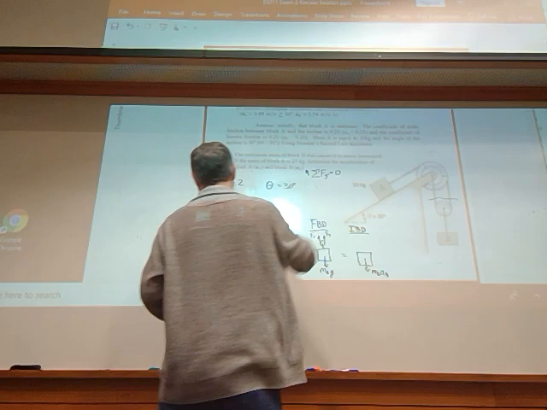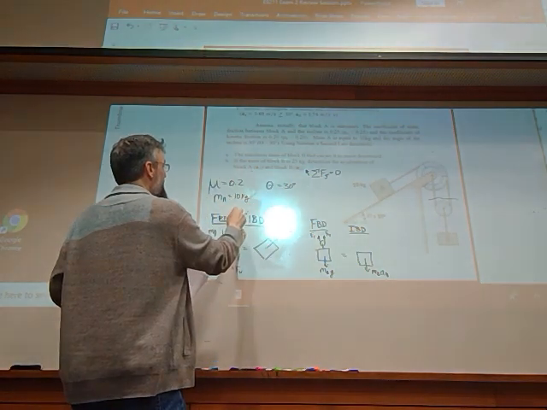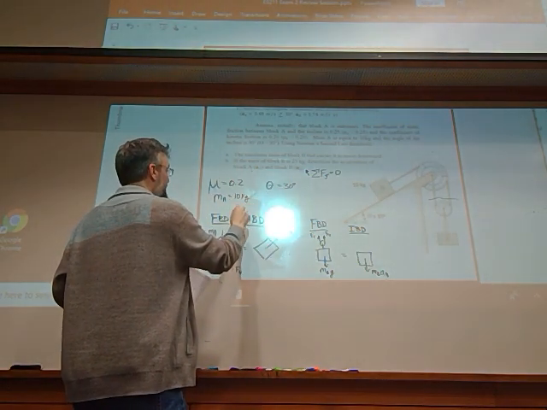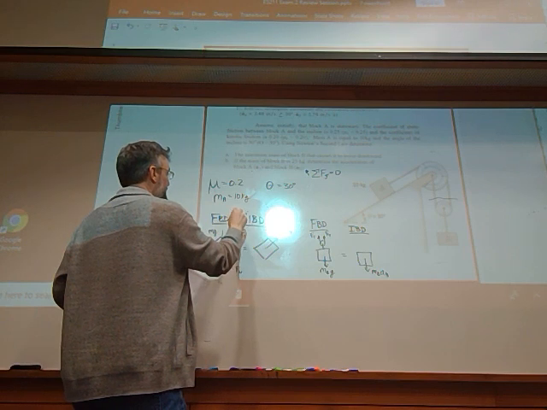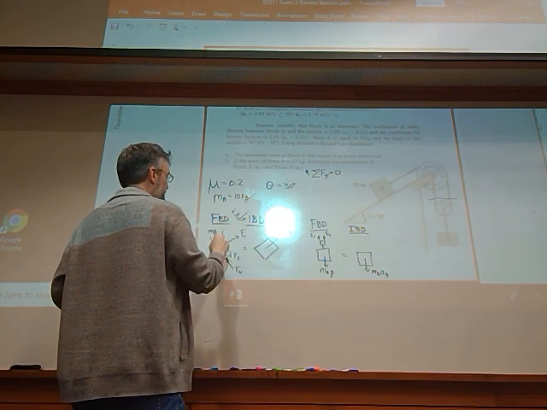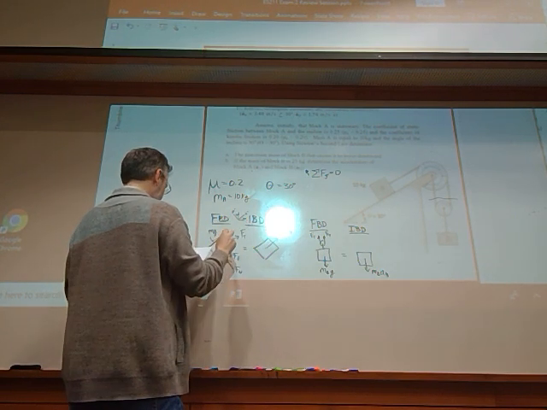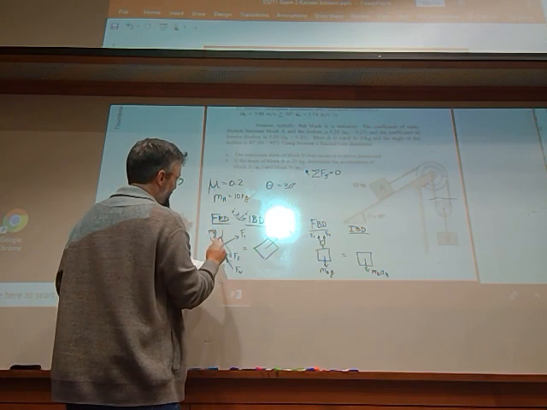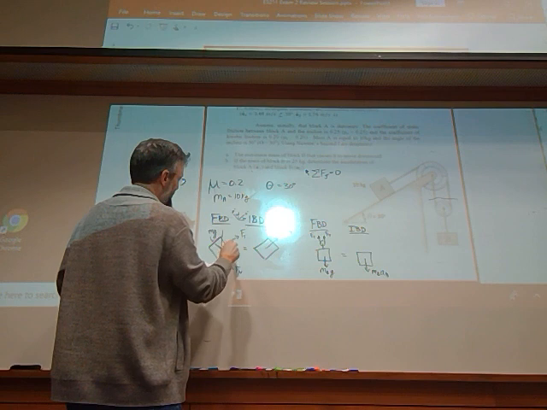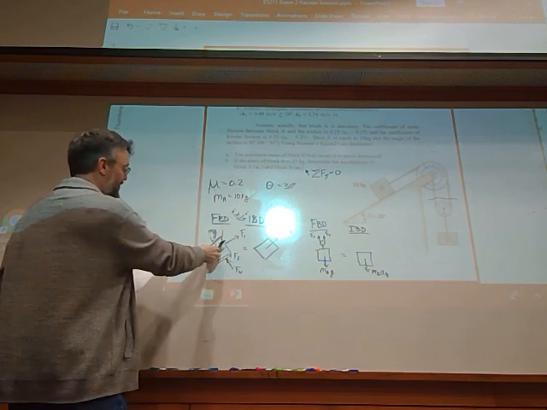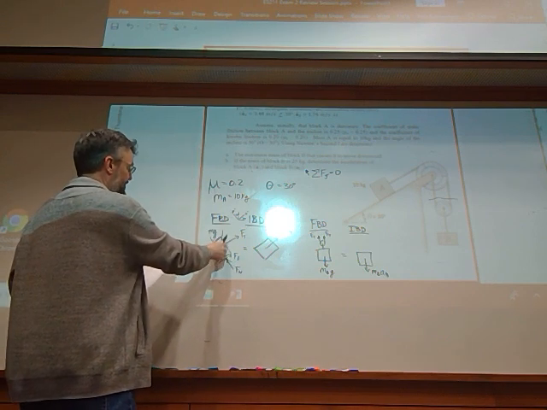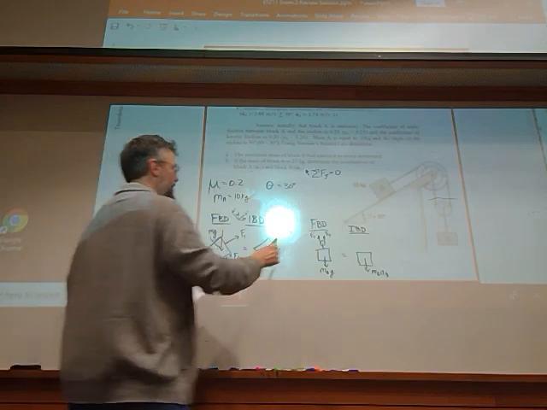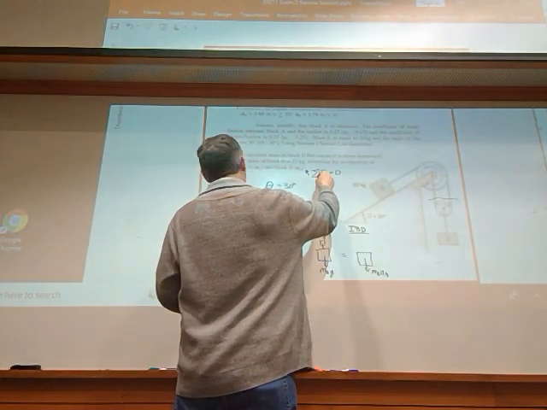This is 30 degrees here, 30 degrees there, 30 degrees there. So this right here is going to be 30 degrees, I believe. Is that true? I drew this too much like it's 45 degrees. Okay, yeah, I convinced myself.